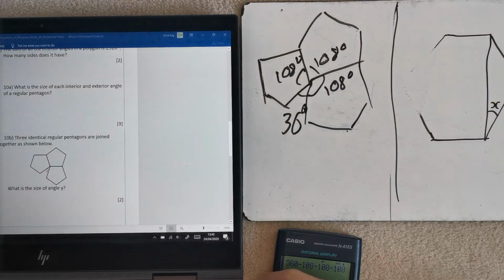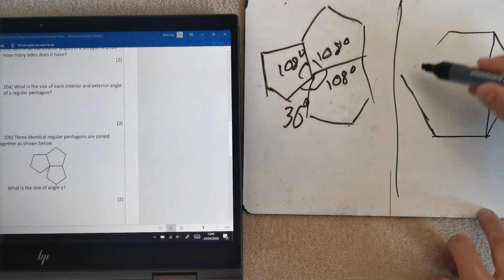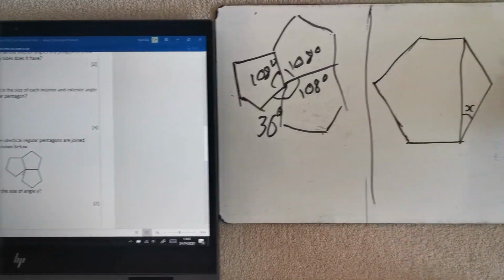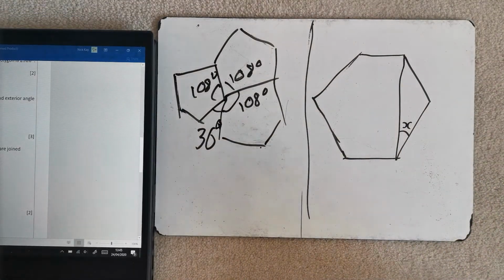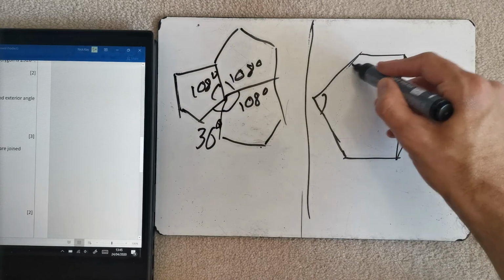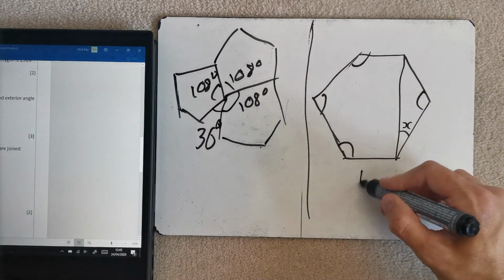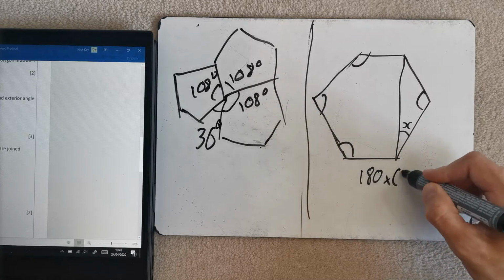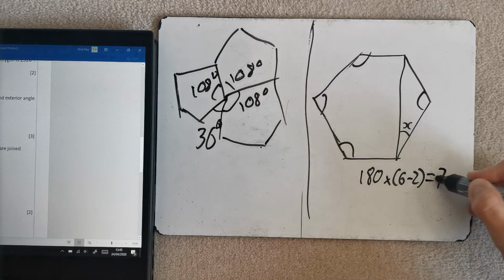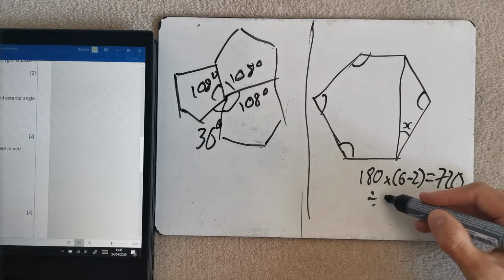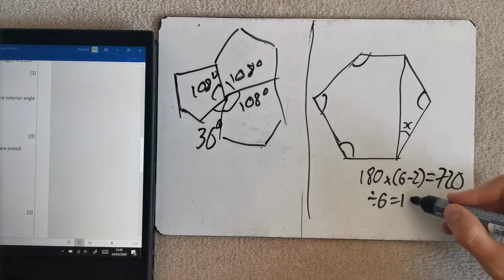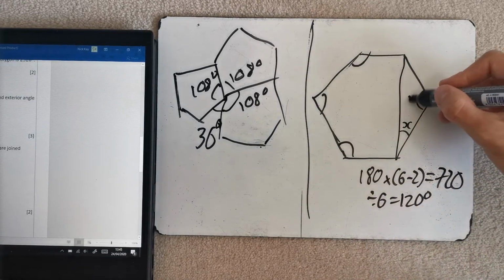Okay, now this one here, if you first of all find out what each interior angle is, so if you do 180 times by 6 take away 2, you get 720. Divide that by 6 angles, we're going to get 120 degrees for each one of these.